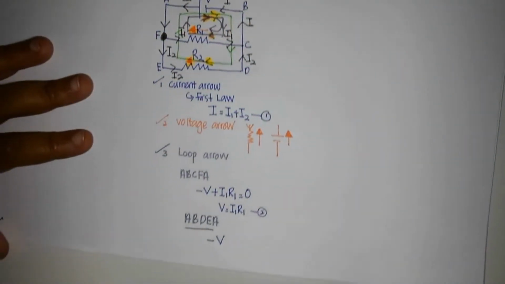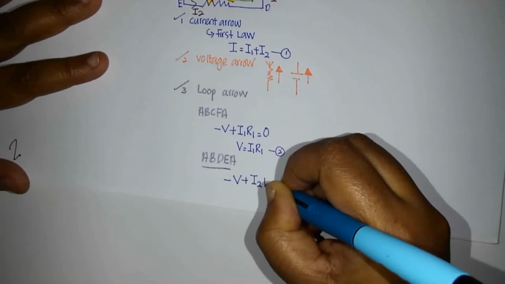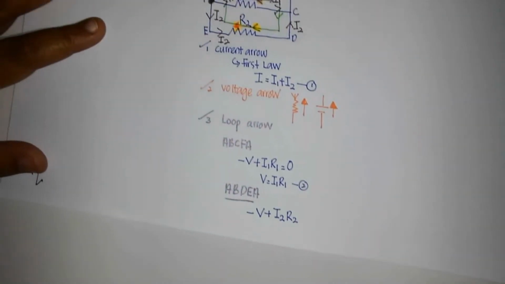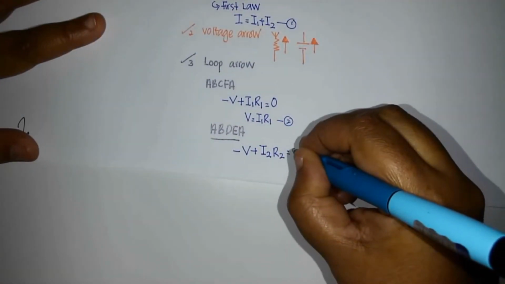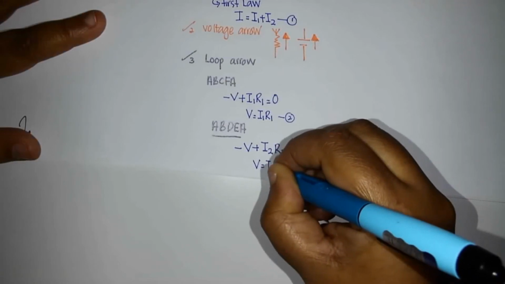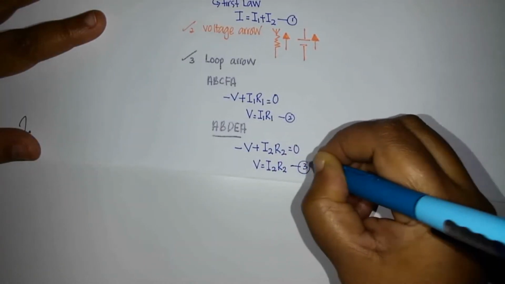So I plus I2 R2. And then after that I come back to A, so equals to 0. So I get V equals to I2 R2 is number 3.